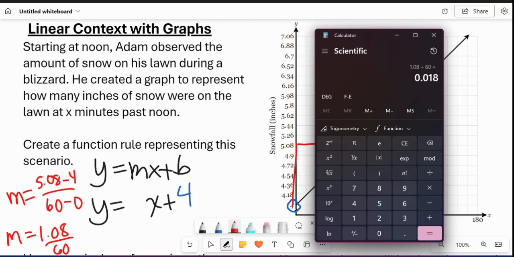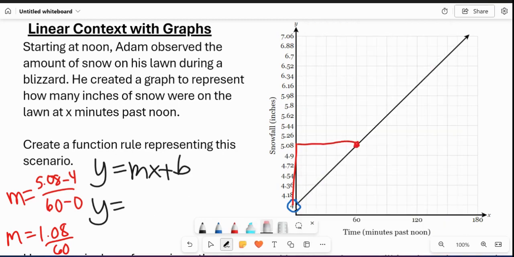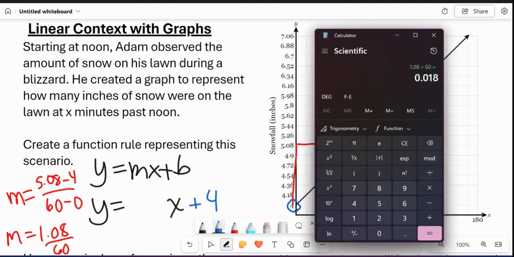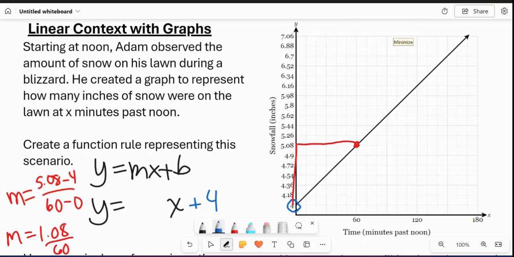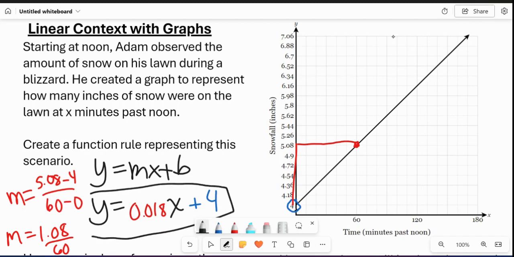All right, didn't give myself a lot of room to write that. So I'm just going to do this. All right, and my slope was 0.018. And there is my function rule. Okay, y equals 0.018x plus 4.